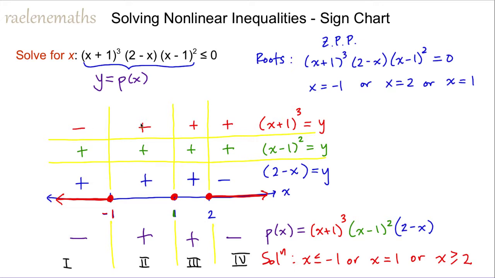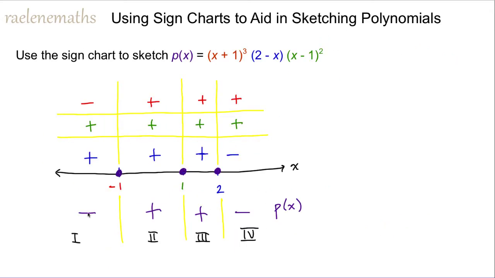We recorded a positive or a negative in each cell to indicate whether that factor in that region, set of x values, was positive or negative. We've come up with a row indicating negative, positive, positive, negative for the sign of the p of x, y coordinate. So let's import that sign chart or table of results and see how to build the graph from here.